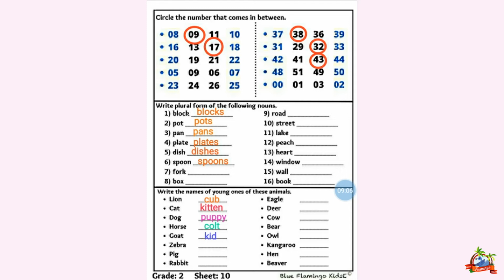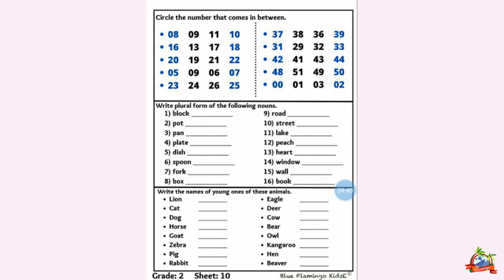Pot. P O T, pot. We will convert this into plural. What will it become? It will become pots. P O T S, pots. Pan. P A N, pan. We will change it into plural.